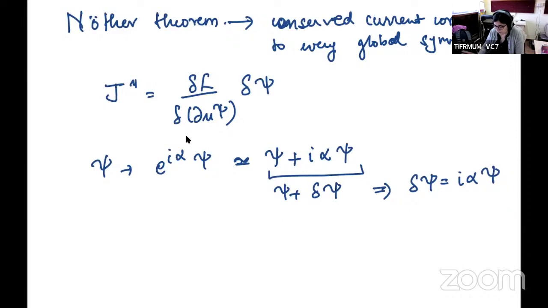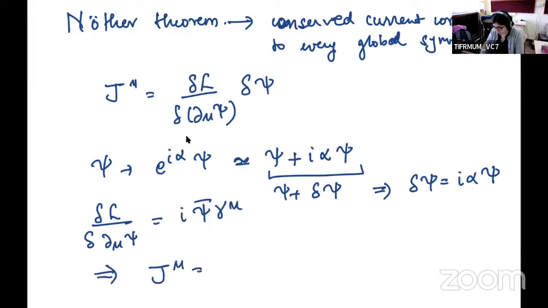And you can calculate what this quantity here is, looking at the Dirac Lagrangian, and you would just get, which tells you that J mu is simply psi bar gamma mu psi, where alpha is the parameter. So this is your conserved current.